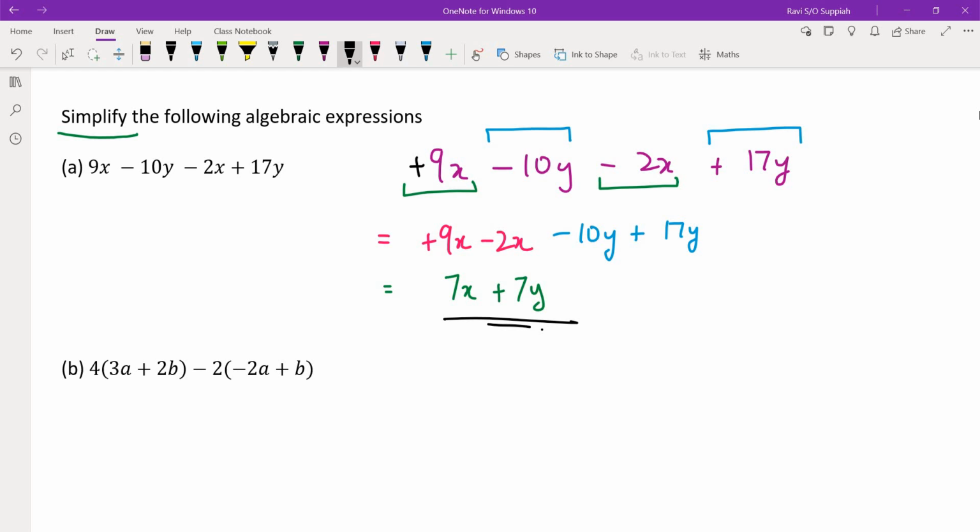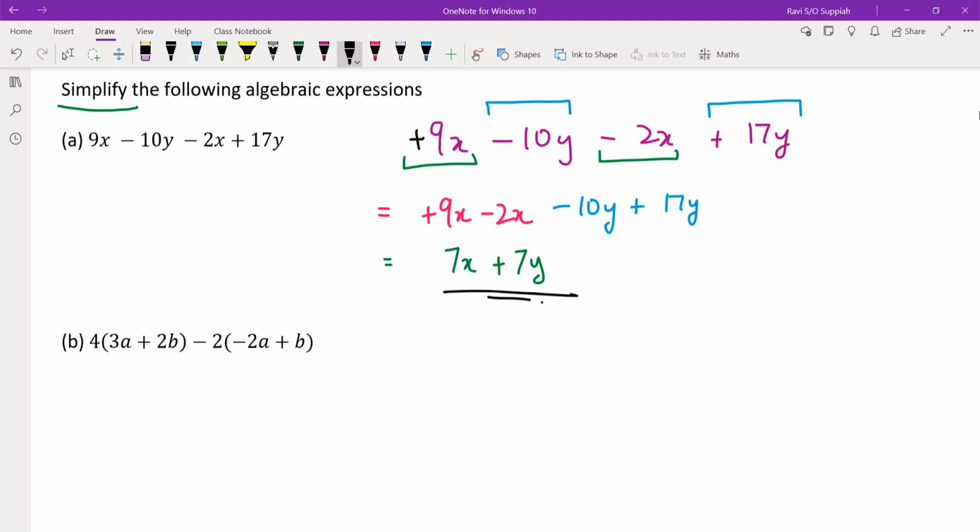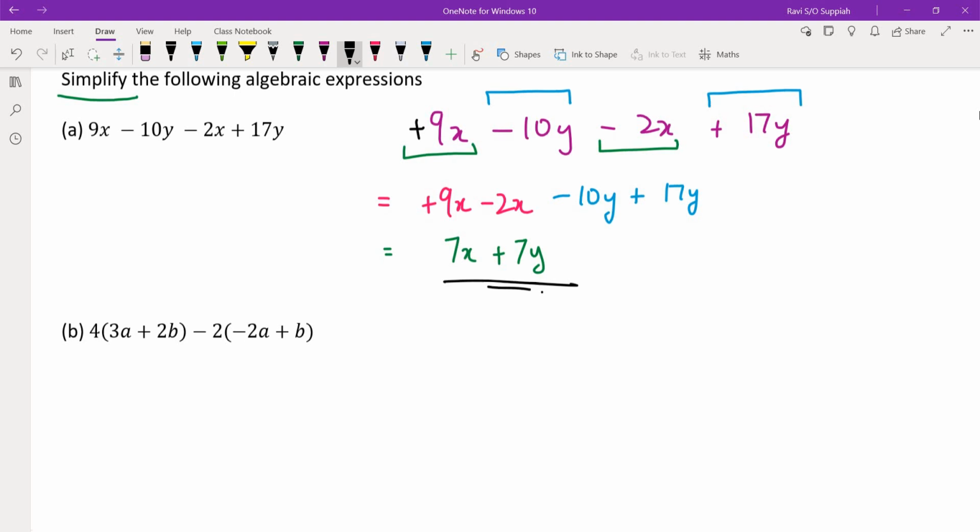All right, let's look at the second expression here. For the second expression, you have to do expansion, or basically opening up the brackets, however you want to call it. In this case, maybe I'll write it out first.